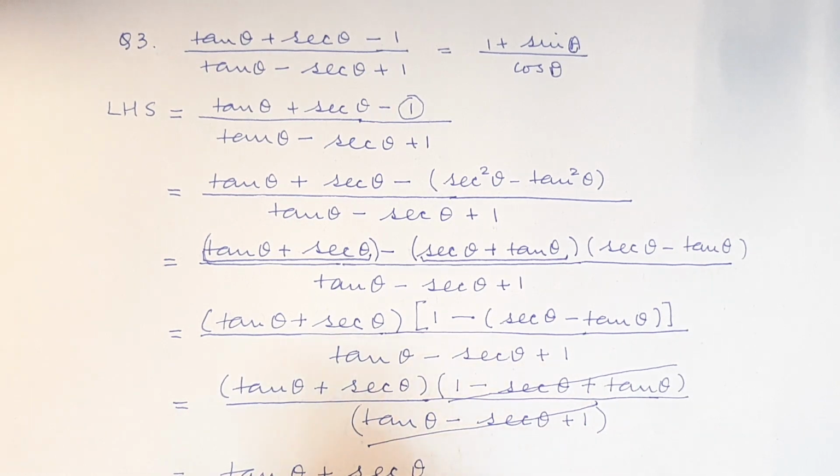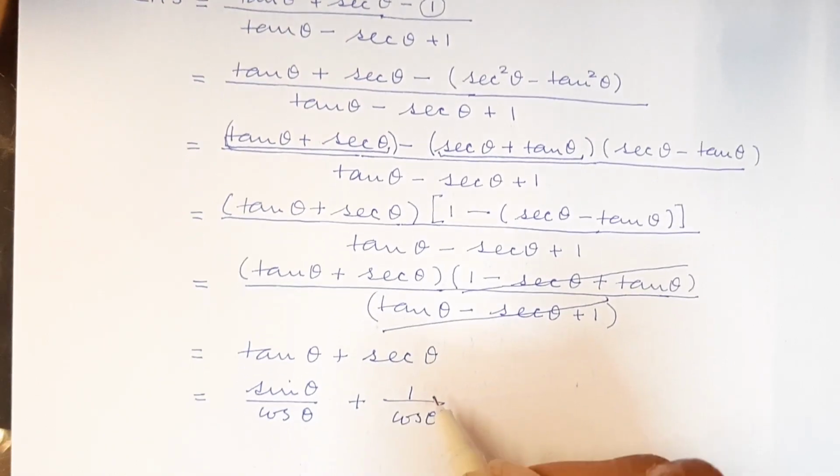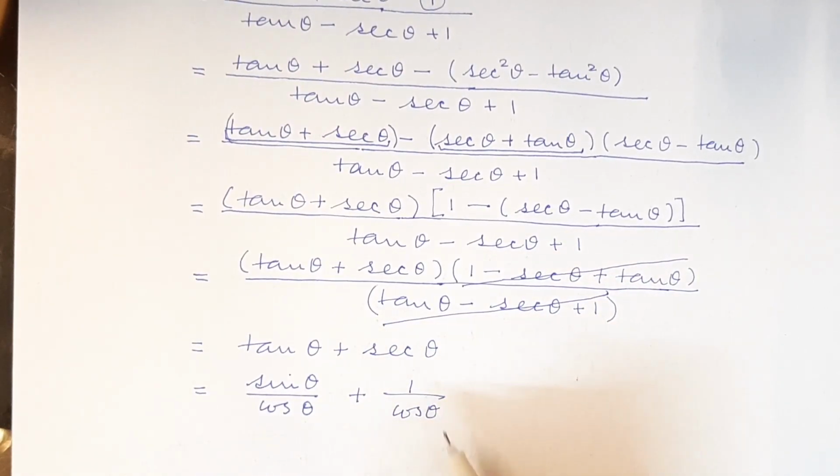So tan theta becomes, tell me, sine theta upon, very good. And sec theta is 1 upon cos theta. So we wrote tan theta as sine theta upon cos theta and sec theta as 1 upon cos theta.